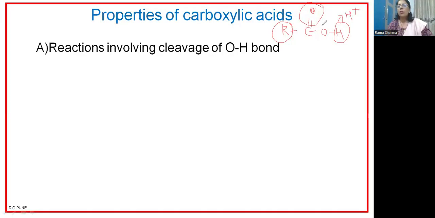Some properties involve the removal of this OH, and other properties deal with the whole functional group, that is COOH. So let us move further.